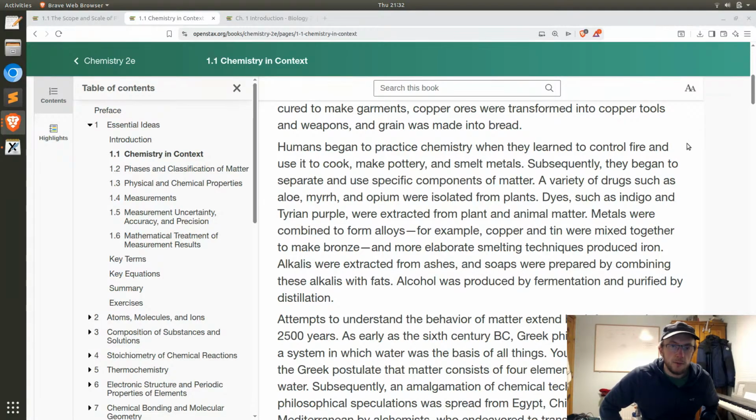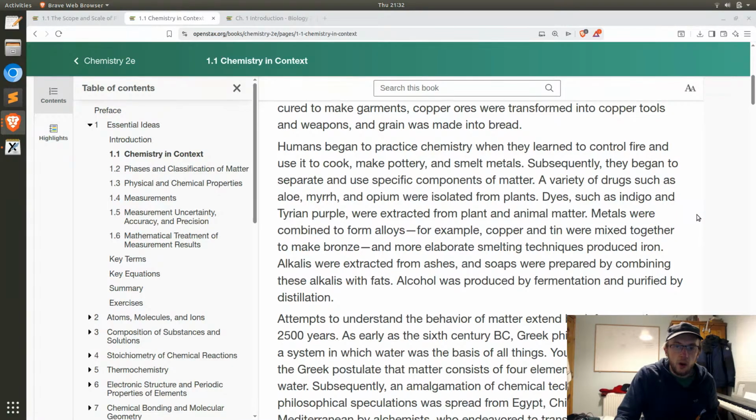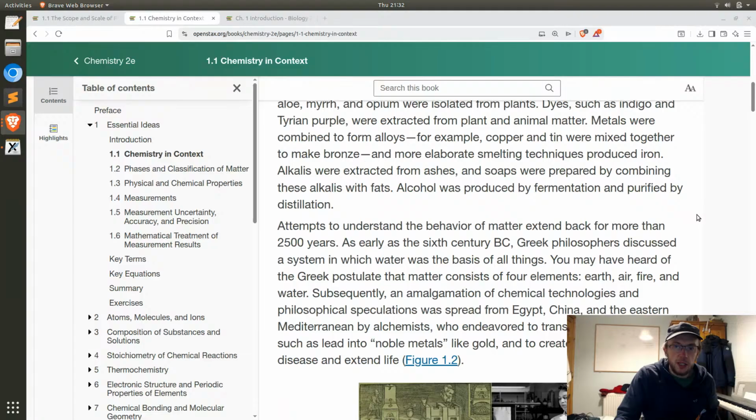Metals were combined to form alloys. For example, copper and tin were mixed together to make bronze, and more elaborate smelting techniques produced iron. Alkalis were extracted from ashes, and soaps were prepared by combining these alkalis with fats. Alcohol was produced by fermentation and purified by distillation.